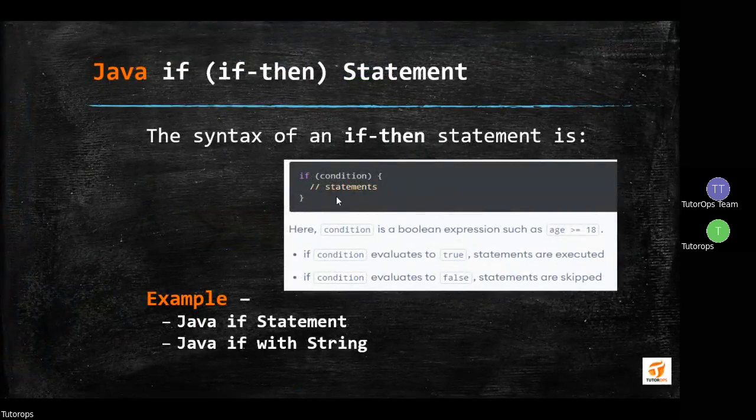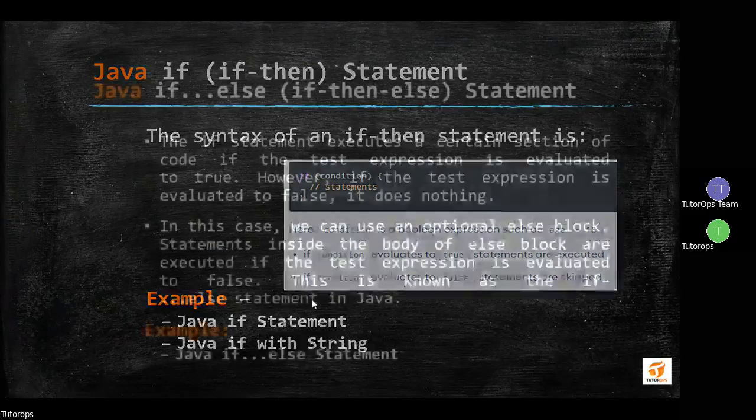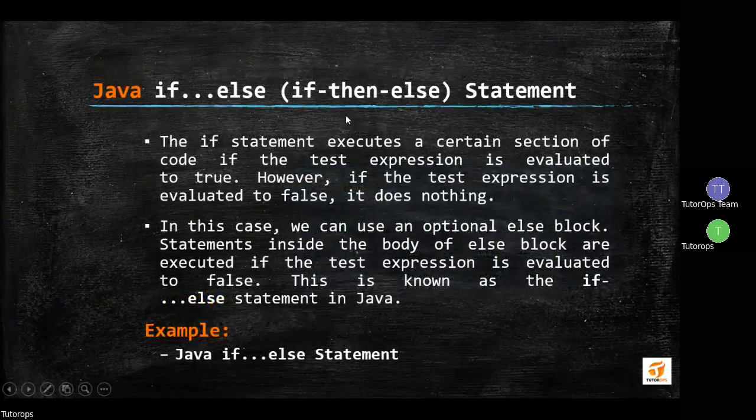Here is an example. Condition is a Boolean expression such as age is greater than 18. If the condition evaluates to true, the statements are executed. If the condition evaluates to false, then the statements are skipped. If else statement I have already explained.